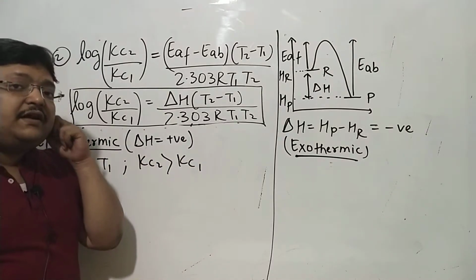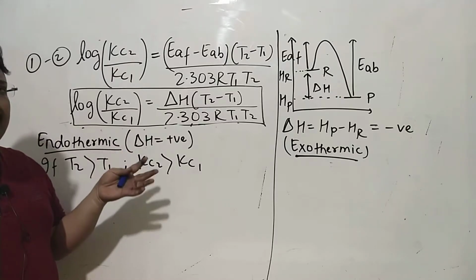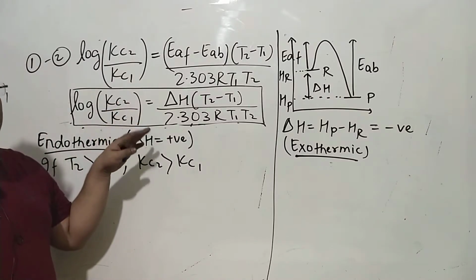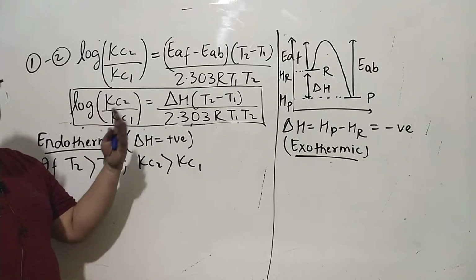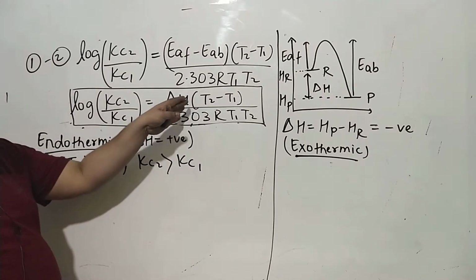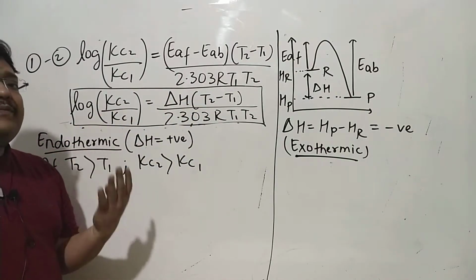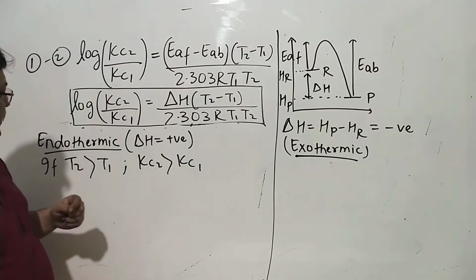If Kc increases, yield increases. So in endothermic reaction, when you increase temperature, rate forward increases, rate backward increases, and the yield also increases. At a higher temperature, the yield will be higher.